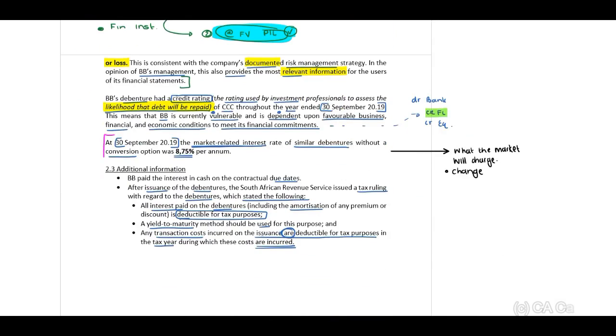Here, guys, look at the pink paragraph for me, please. On 30 September 2019, which is our year end, the market-related interest rate of similar debentures without conversion, remember, think cash, was 8.75%. Therefore, we need to use this to calculate our fair value.